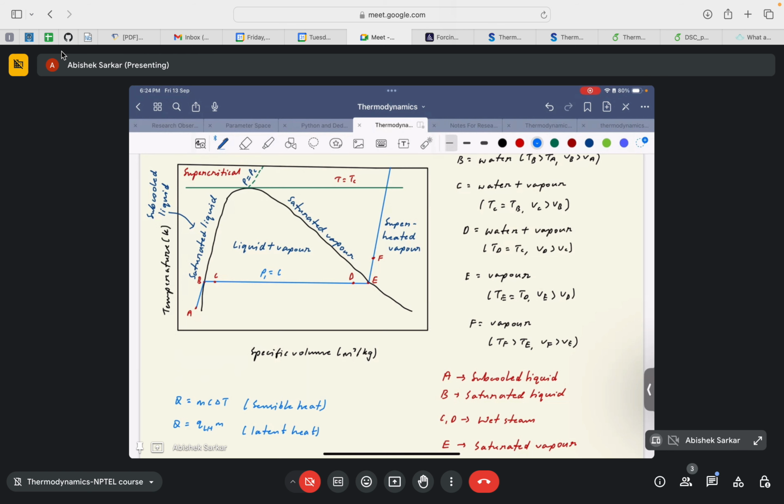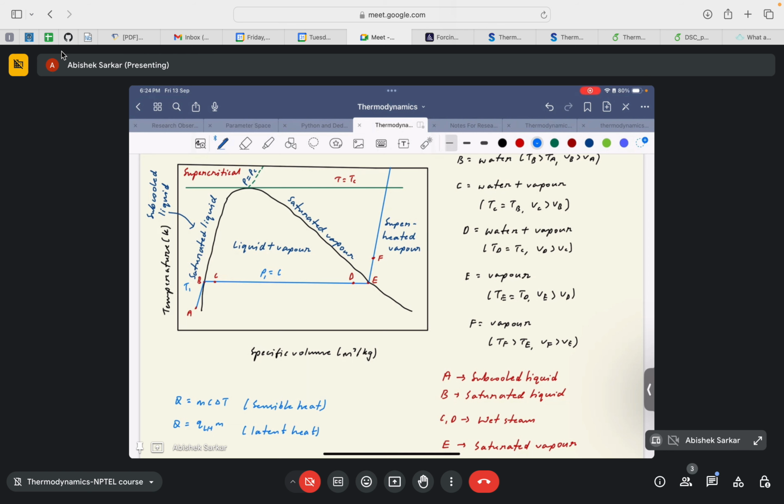And this pressure will have a corresponding saturation temperature at which the phase change starts to occur, right? So the temperature, say TB or T1, is the corresponding saturation temperature for this particular saturation pressure.